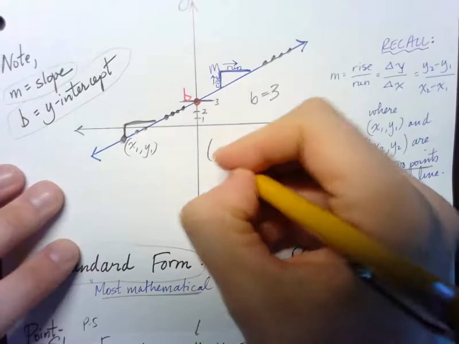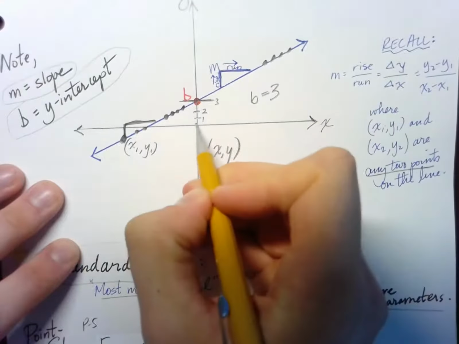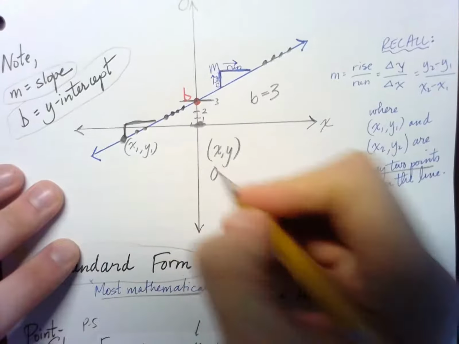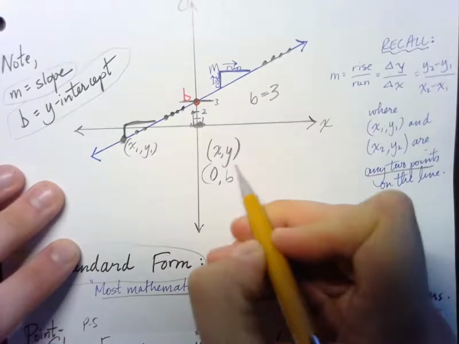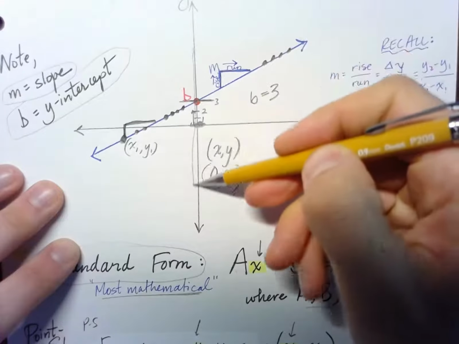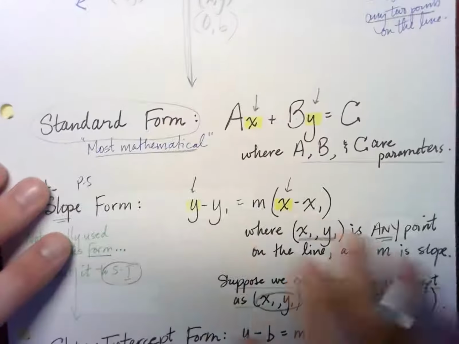Think about this: if my points are in xy form and I'm not moving from the y-axis, then my x is 0 and I'm going up to wherever the b is. If I'm on the y-axis, the x coordinate is 0, and so I have the point 0, comma b.